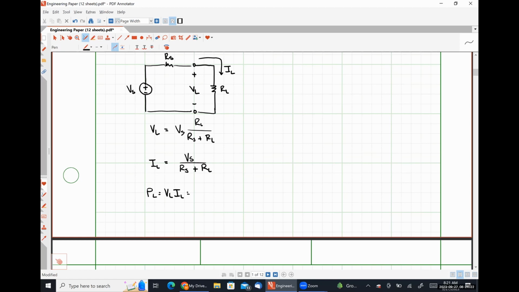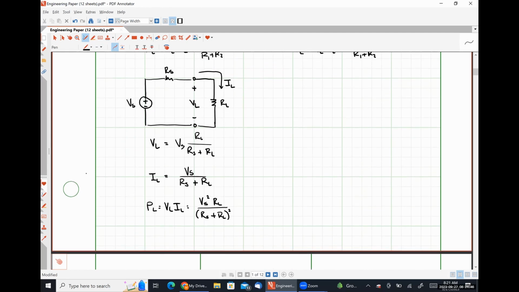So that's just going to look like VS squared times RL over RS plus RL quantity squared. Did I multiply those two things together correctly? I think so as well. So these are our relationships for our practical voltage source connected to an arbitrary load resistance. Okay.